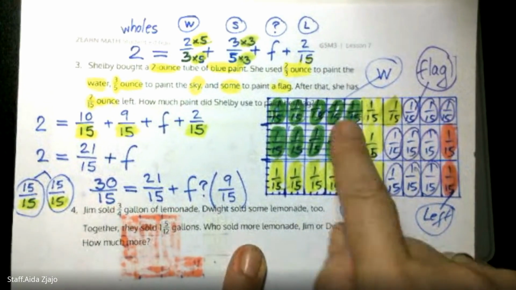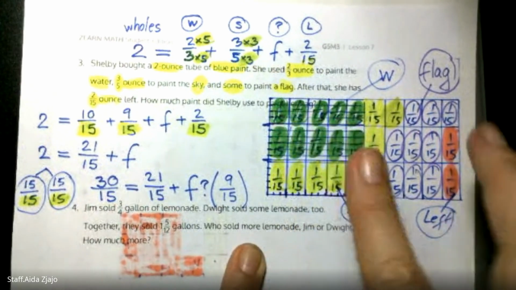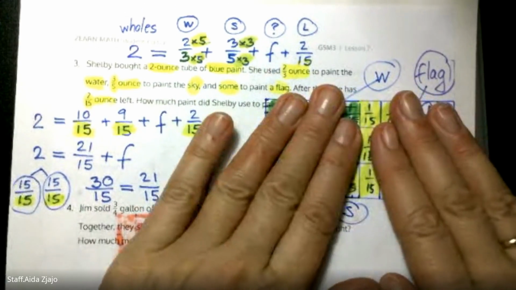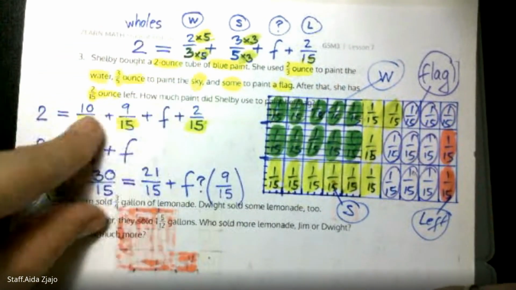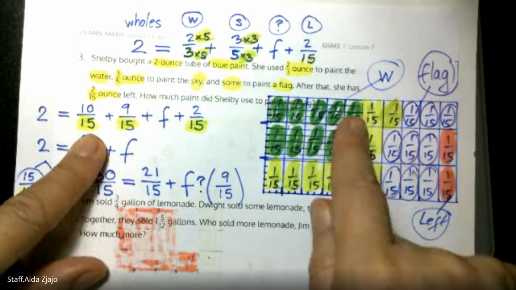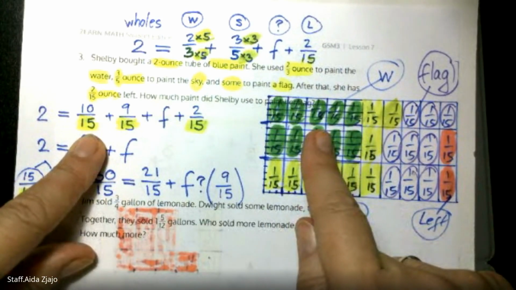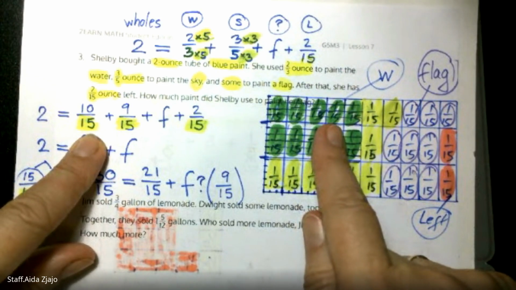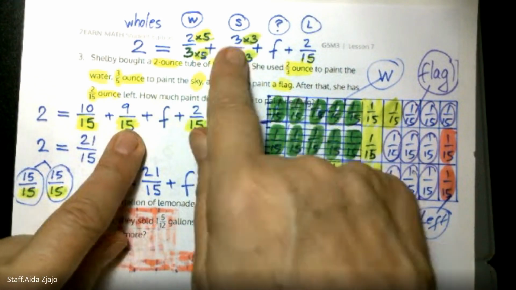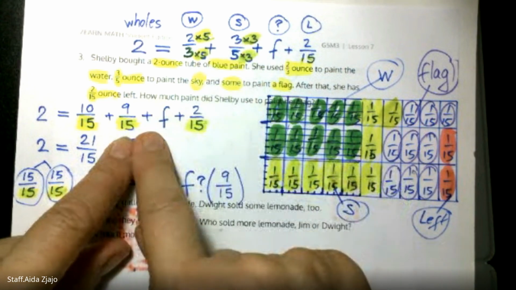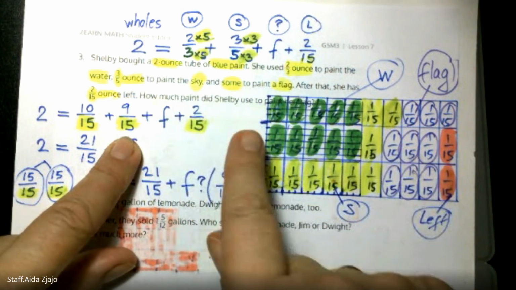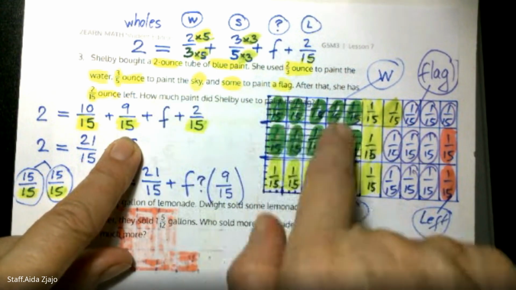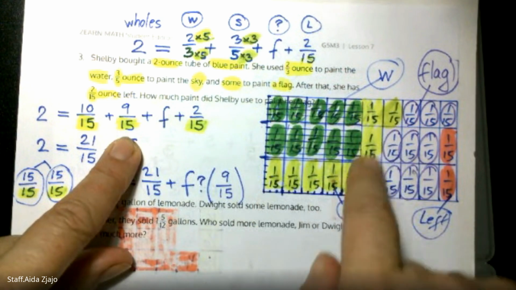This is that paint, 2 wholes that represents 2 ounces. Then we change 2/3 into 10/15s. So 10/15s is what she painted sky. Then we change 3/5 into 9/15s that she painted water. This is water, and then this is sky.